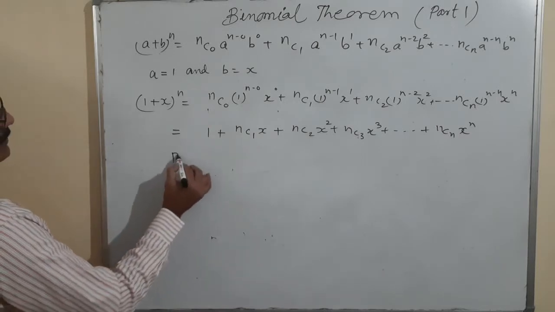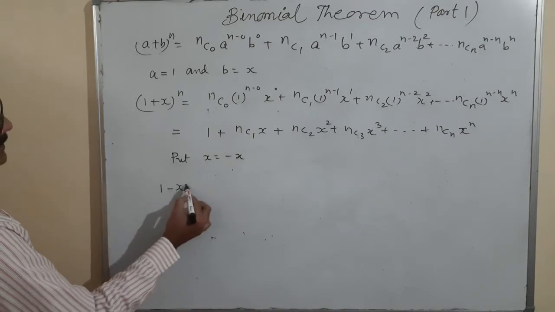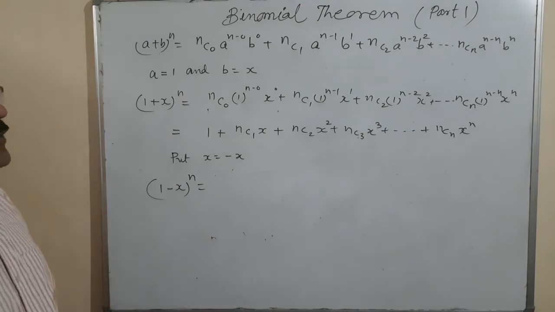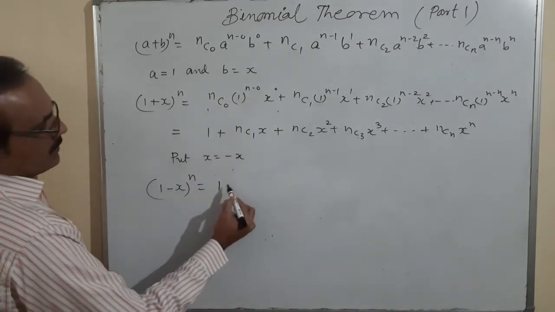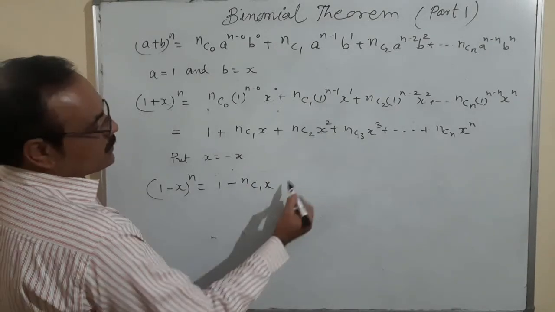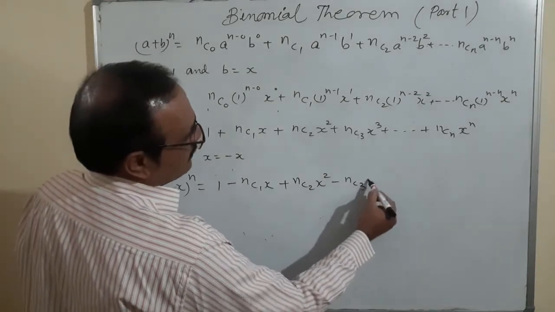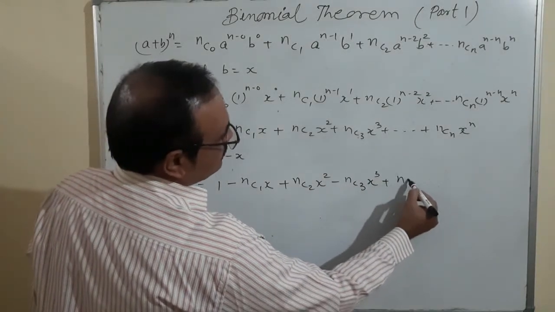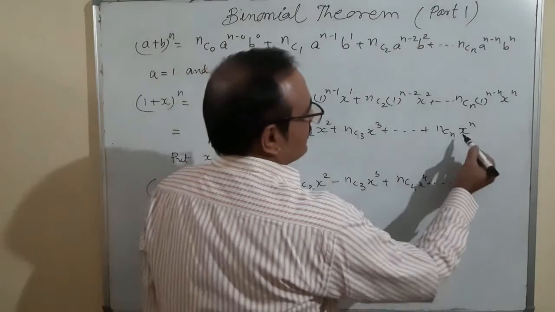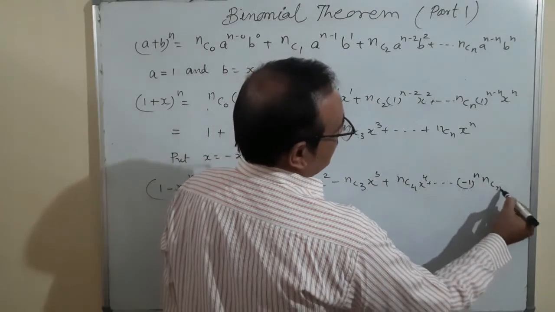If we put x equal to minus x, then what happens? (1 - x)^n is equal to 1, minus nC1 x, plus nC2 x squared, minus, plus, and this process goes on continuously. And it depends on (-1)^n nCn x to the power n.